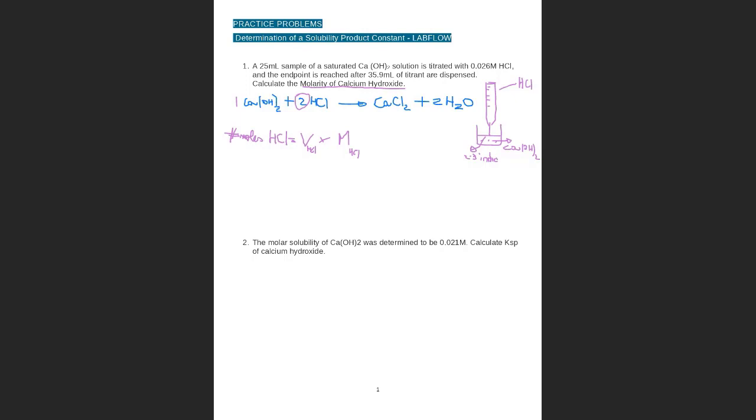So if we want to know the number of moles of calcium hydroxide, we need to work with the moles of the titrant and then use the molar ratio to calculate the moles of calcium hydroxide. But let's start by calculating the moles of our titrant.